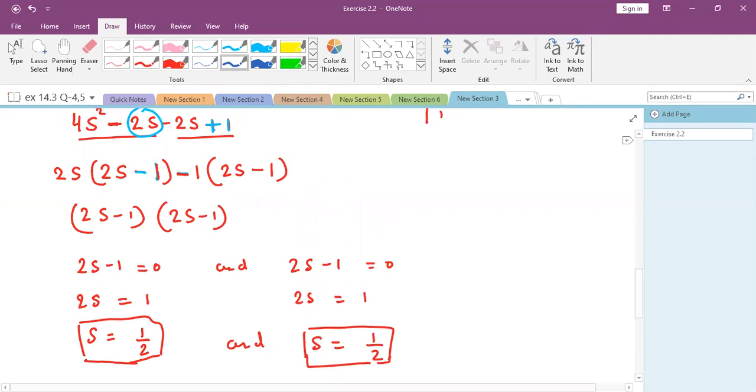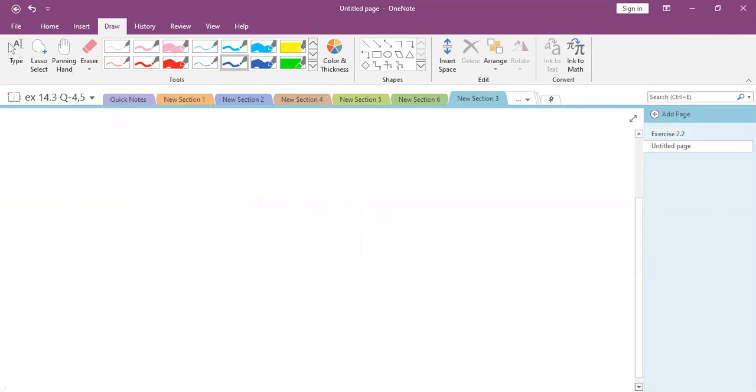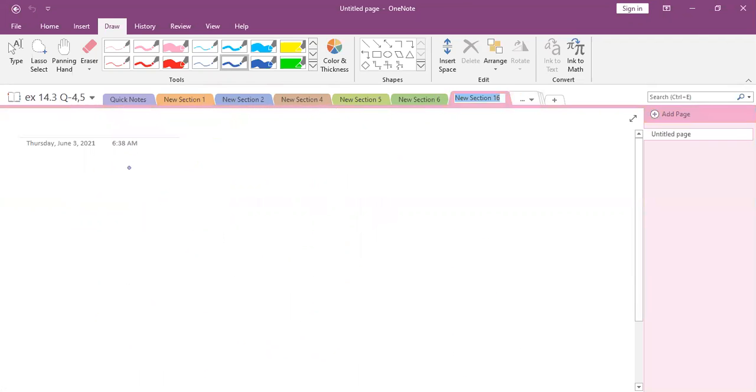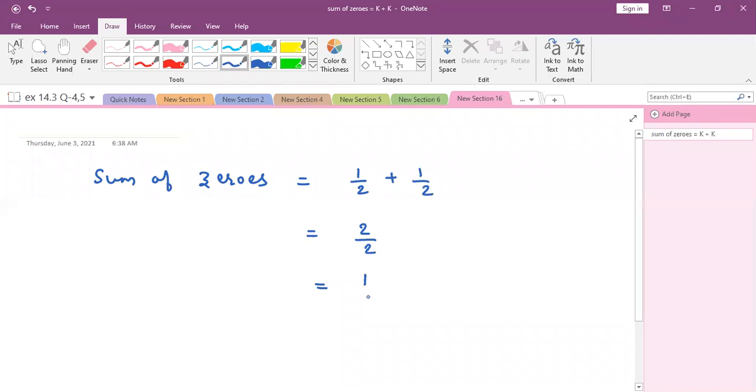let me again scroll. Right, so here we will get it in this form. Let us calculate the sum of zeros now. What are the two zeros we have got here? 1 by 2 plus 1 by 2, so that we will get 2 by 2, that is equal to 1 upon 1.